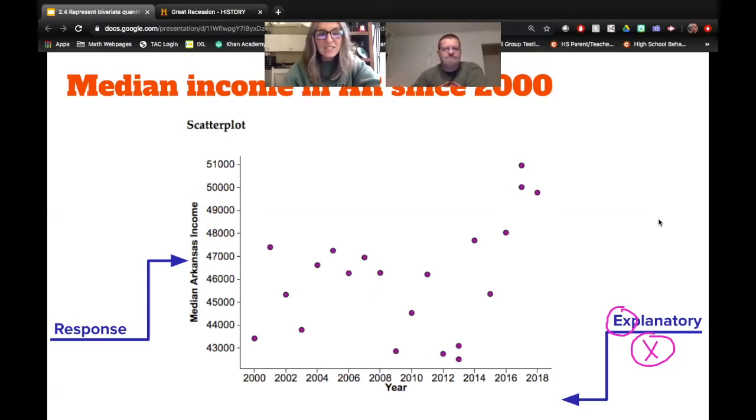So when we looked at all those other graphs, what did we learn to help us describe? Because we want to always talk about certain characteristics. We had to do the whole center, unusual points, shape, and spread thing before. But I don't see a center here.